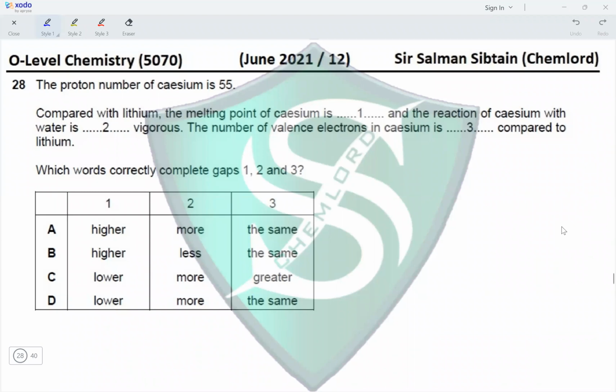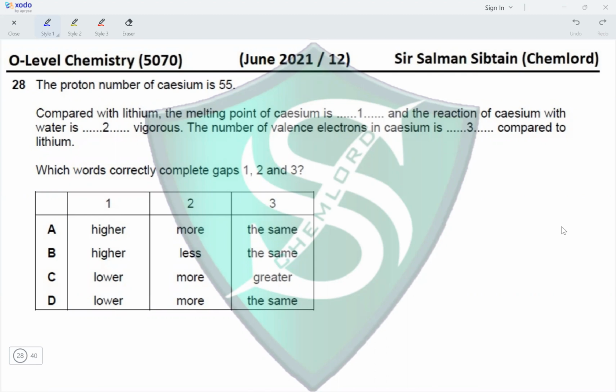Question 28. The proton number of cesium is 55. Compared with lithium, the melting point of cesium is dash, and the reaction of cesium with water is dash vigorous. The number of valence electrons in cesium is dash compared to lithium. Now we need to fill in these blanks.